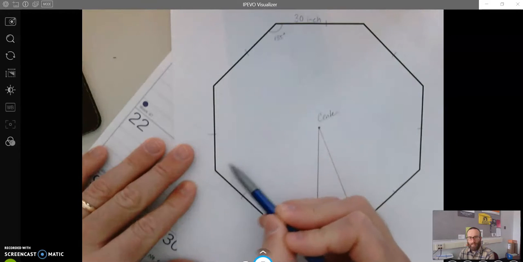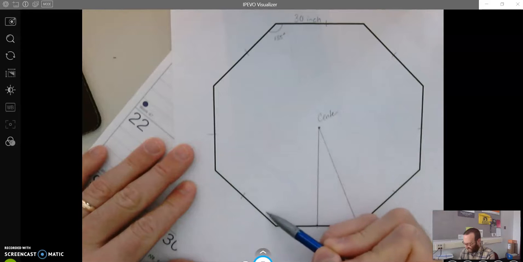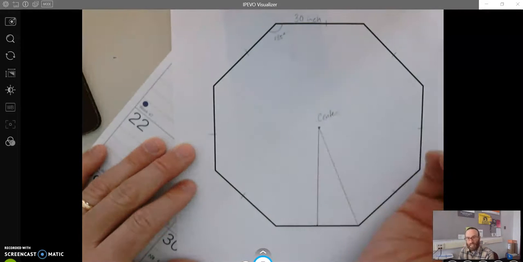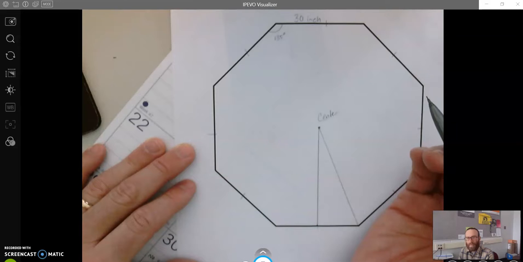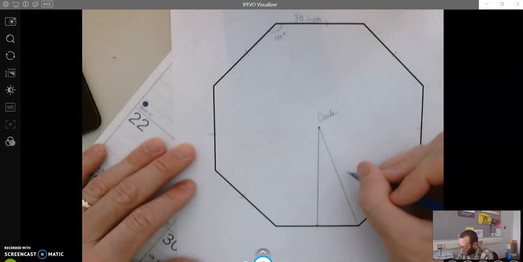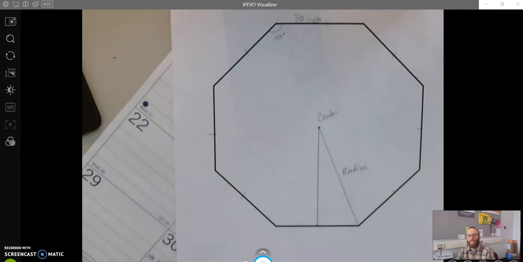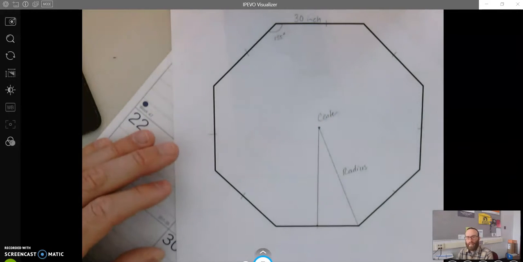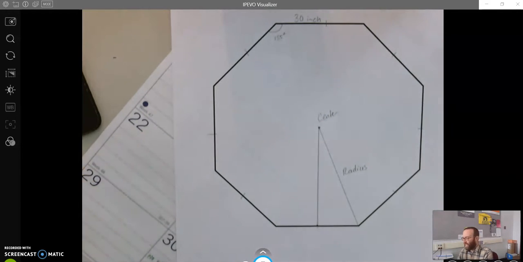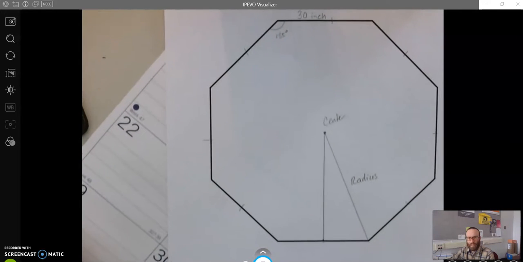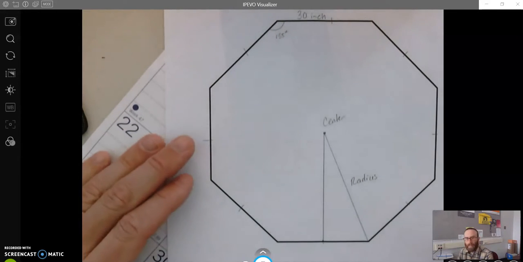So if I drew a line from here to the center, and from here to the center, and here to the center, kind of like spokes of a wheel, right, that segment is going to be called the radius, just like it is with circles. And we'll actually talk about that when we get to circles, how this relates. Okay, but that radius is going to be the same distance all the way around.